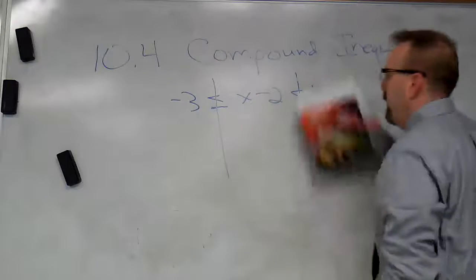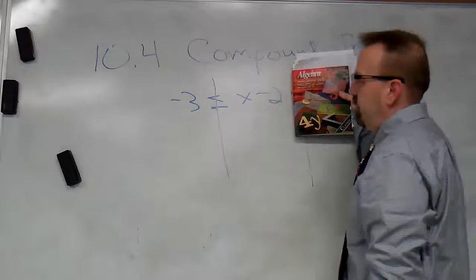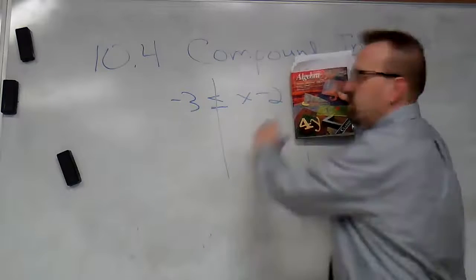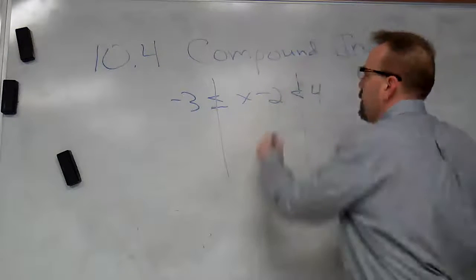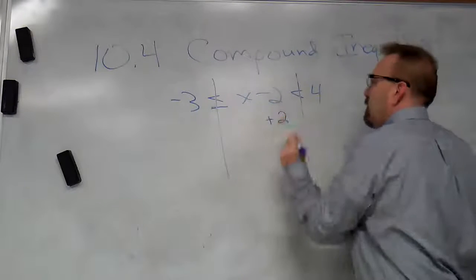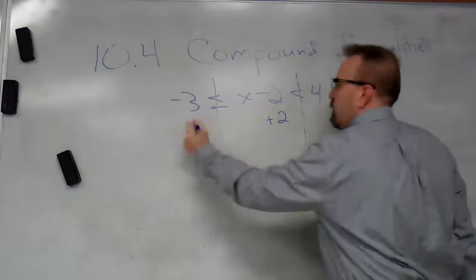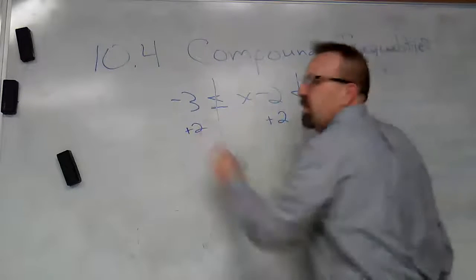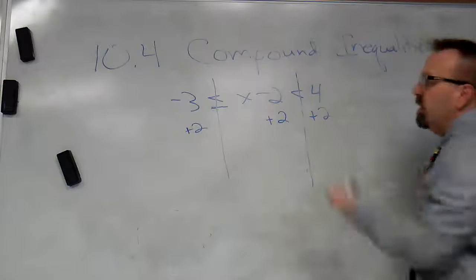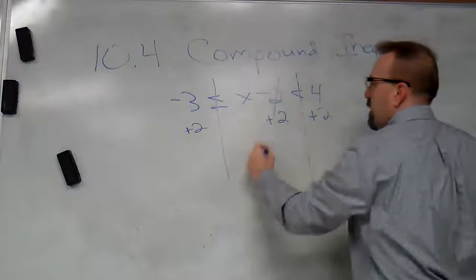Now let's come back. How would we have solved this? We would have added 2. So now we're going to do it a little bit differently. Instead of adding it in just 2 spots, we're going to add it in all 3 sections. And the reason being here, that goes away.